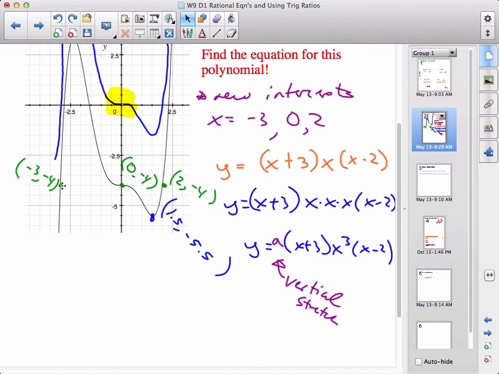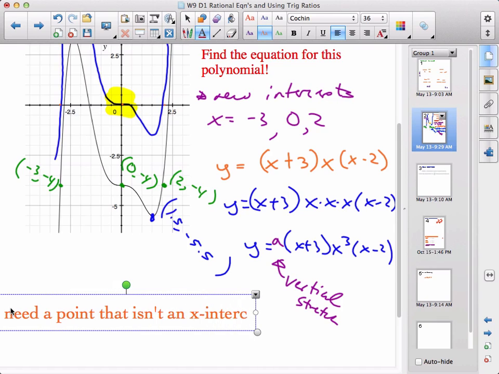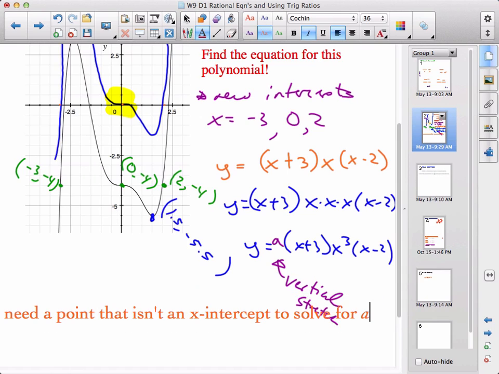And I plugged that in, and what I found was that because one of the x-intercepts is x plus 3, substituting -3 for x doesn't really help because then you get a 0, so you don't actually ever end up with a. So we needed a point that wasn't an x-intercept in order to start solving. Love it. So we need a point that isn't an x-intercept to solve for a.